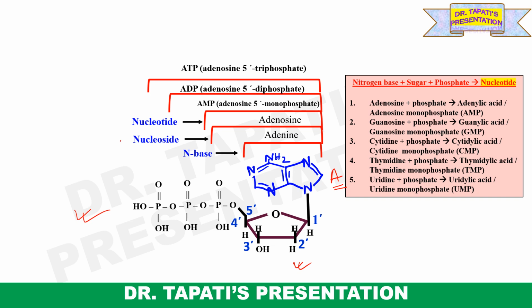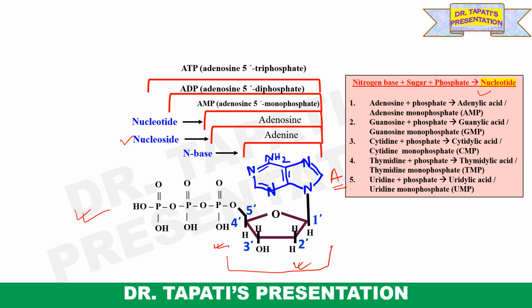So that is nucleoside. Now, when adenosine is attached with one molecular phosphate group, together they are known as the nucleotide, which is also specifically known as AMP, or adenosine 5' monophosphate, or adenylic acid, same thing.